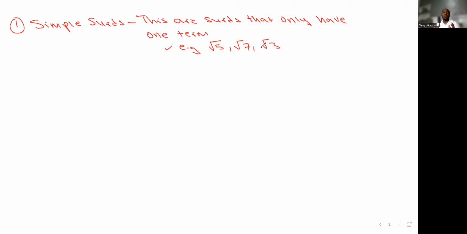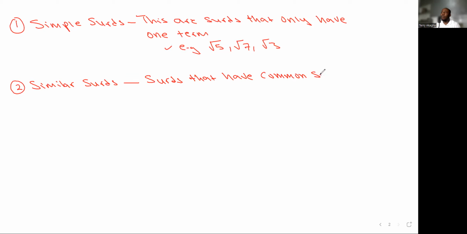Now, these are simple, from the word simple. But this is a little bit different from similar surds, okay? Similar surds are surds that have a common surd factor.